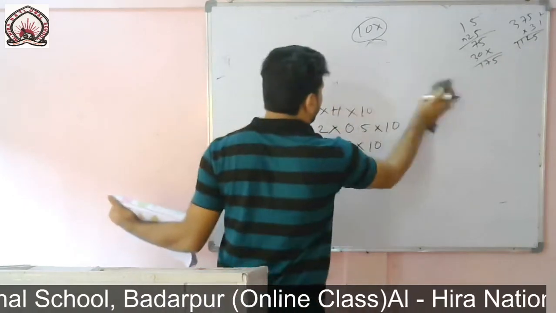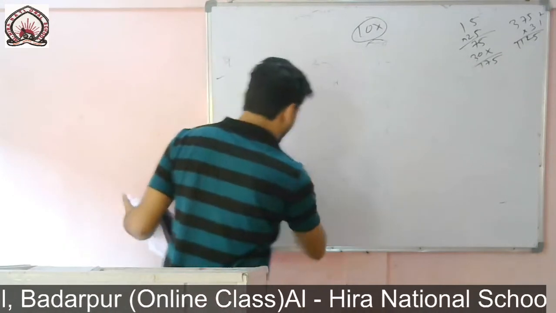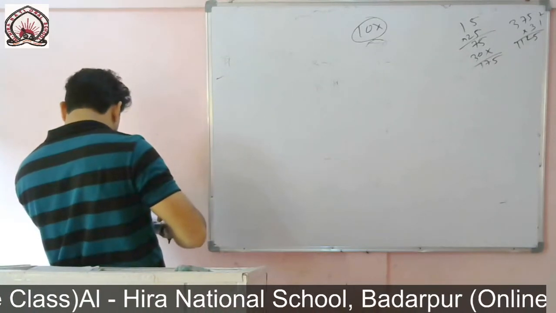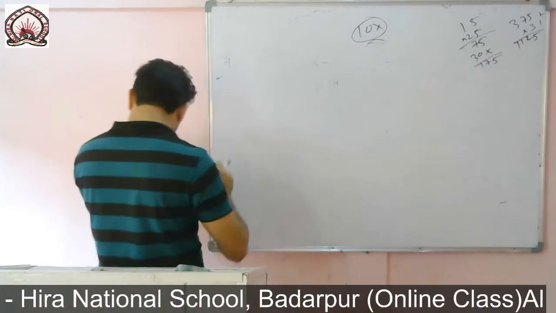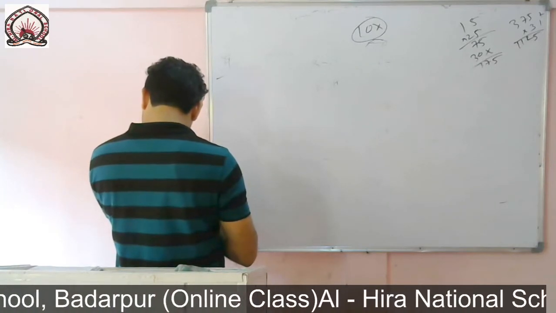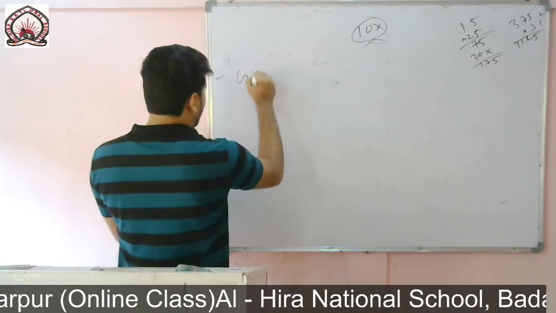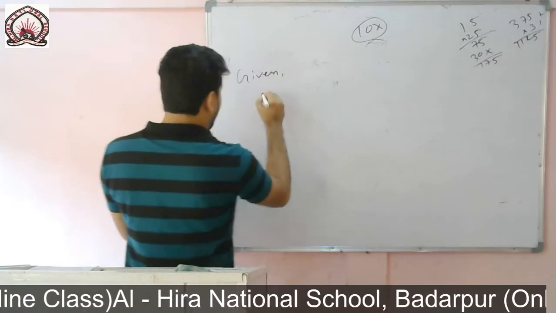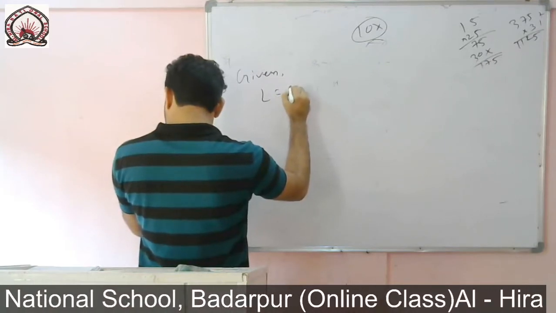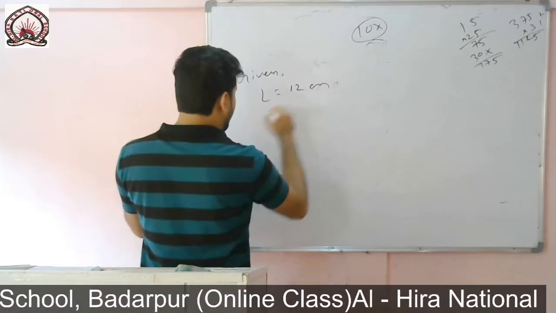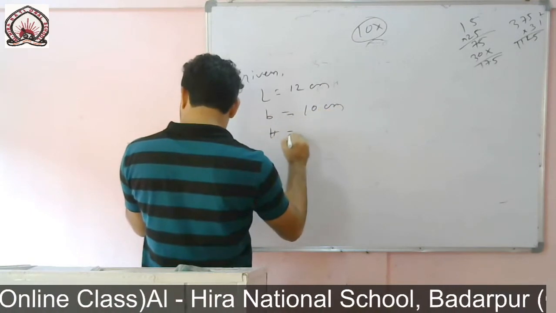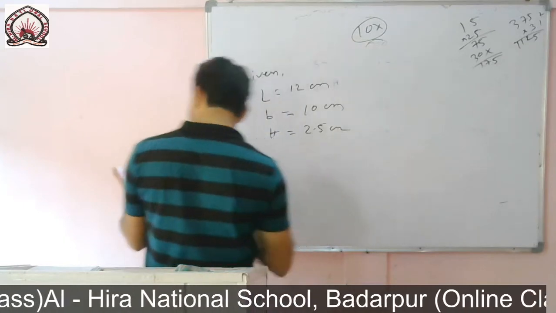So write. Given length equals 12 centimeter, breadth 10 centimeter, height 2.5 centimeter.